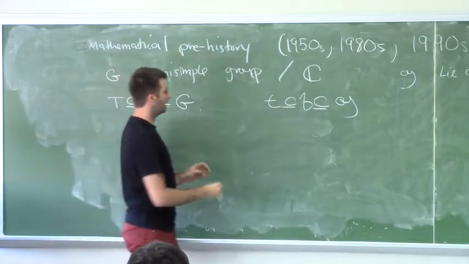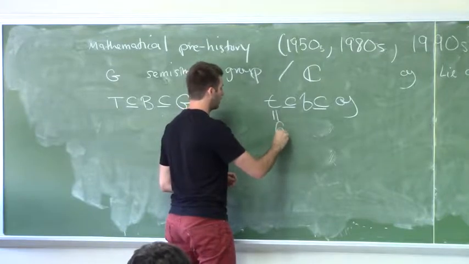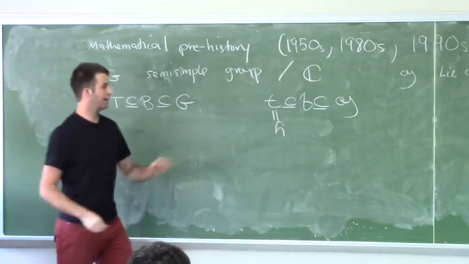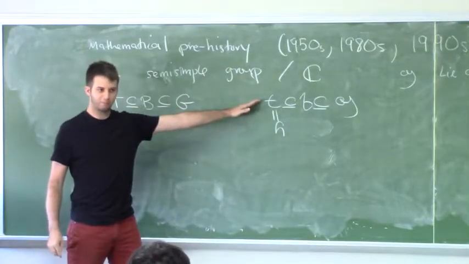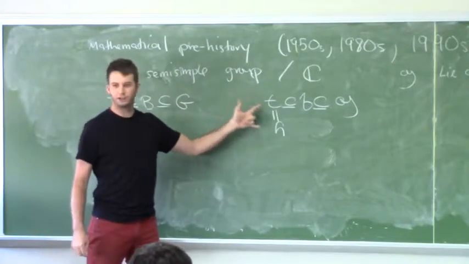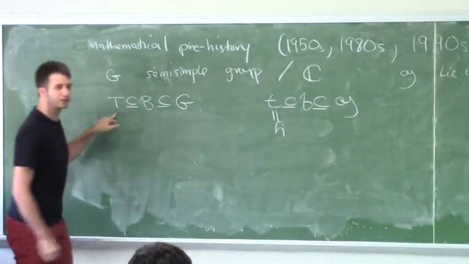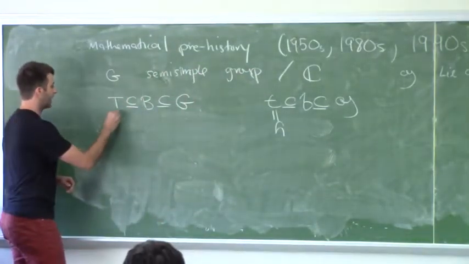I don't know why, but it seems customary in this subject to also call this thing H. I'm going to try and use T all the time, but I might accidentally write down an H. If I write down an H, H and T are the exact same thing. T is a maximal torus, and that means this is a maximal torus.